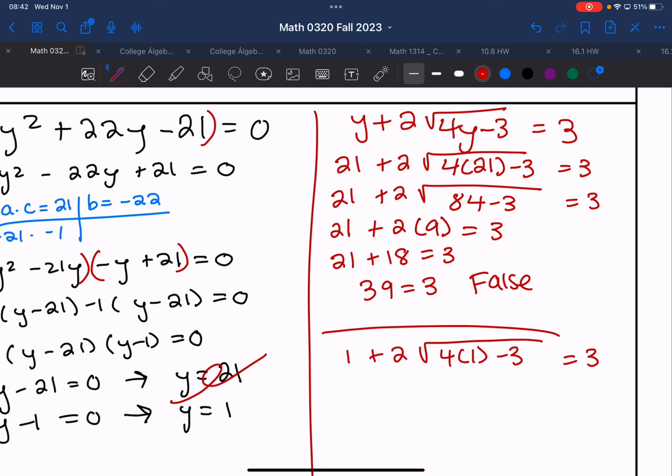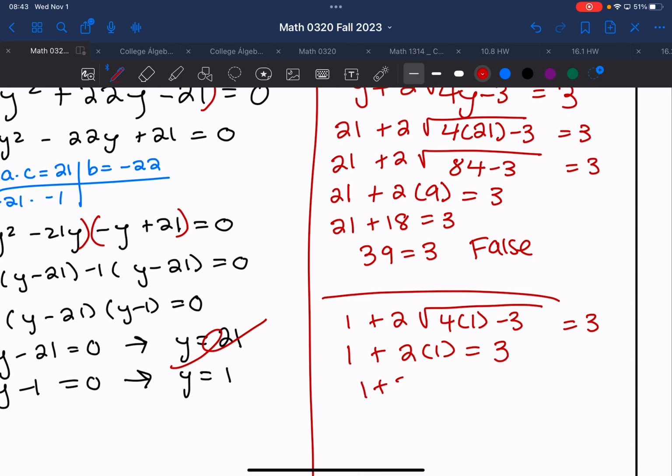And what's the square root of 1? 1. So 1 plus 2 times 1 equals 3. So 1 plus 2 equals 3. 3 equals 3. True or false? True. So that means our only answer is what? Y equals 1.